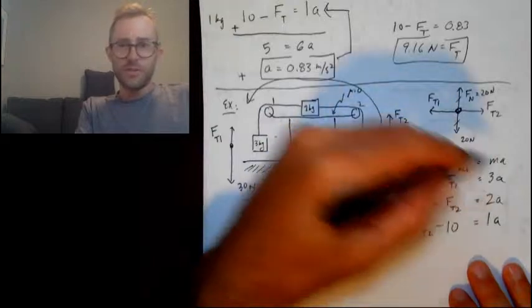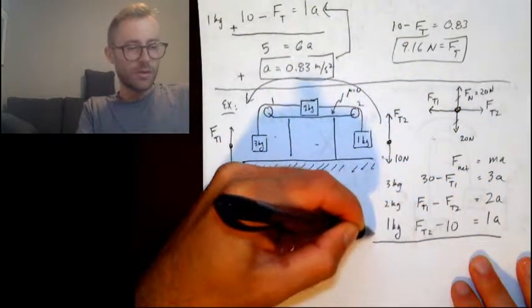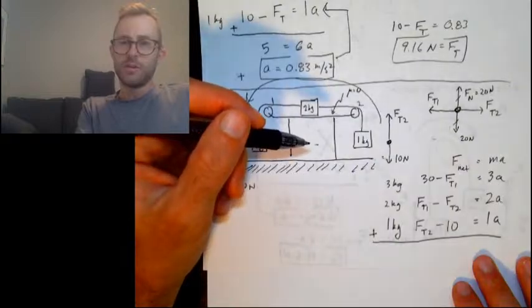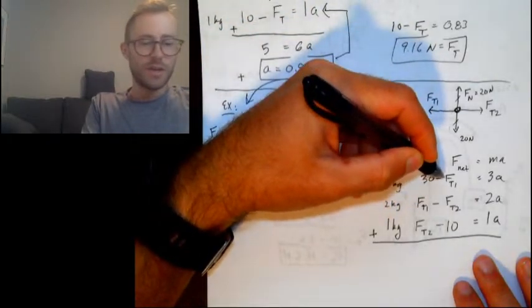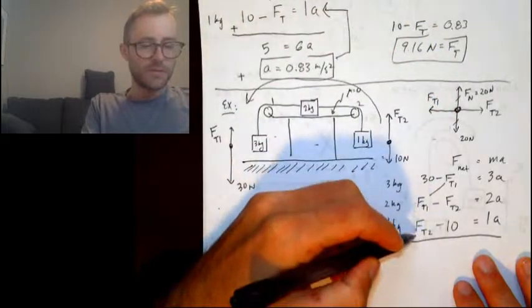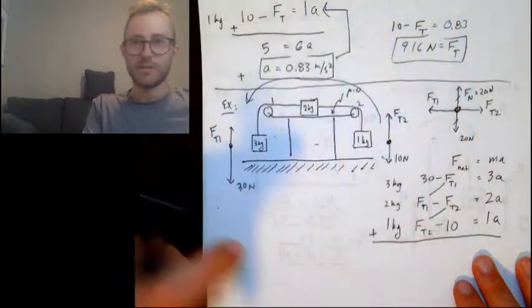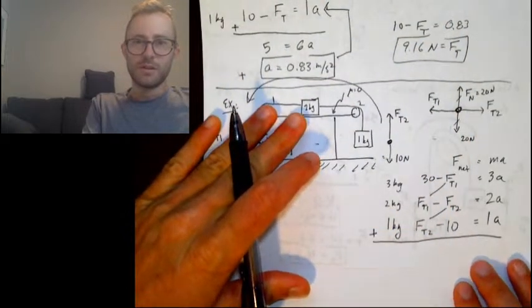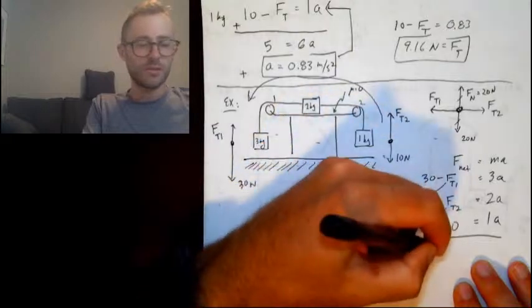So the way to solve this is to add the equations together. And one of the things we notice is that we have Ft1 and we have minus Ft1. So when I add, those two cancel. I have Ft2 and I have minus Ft2. So when I add, those two cancel. So when I add the left-hand sides together, I get 30 minus 10 is 20.